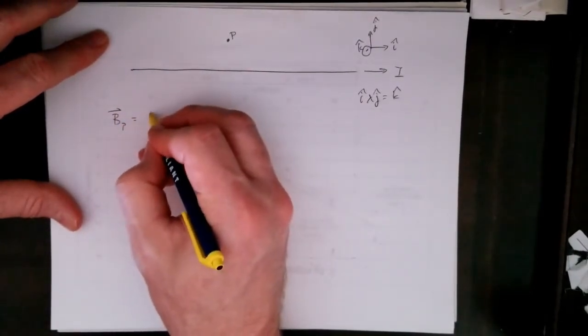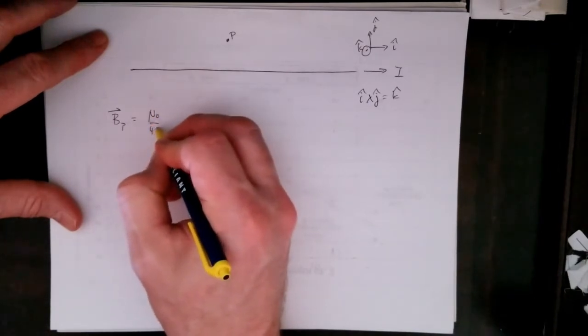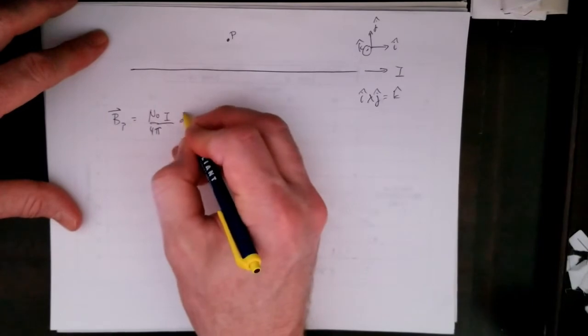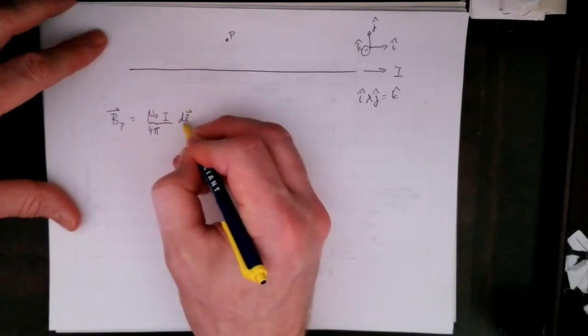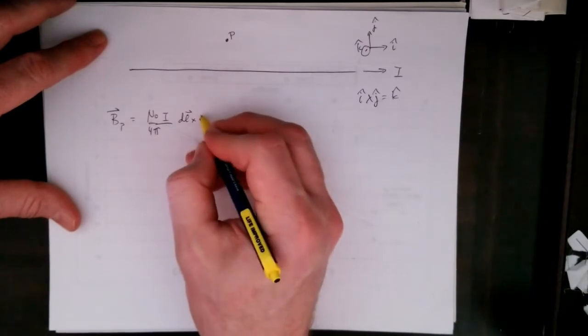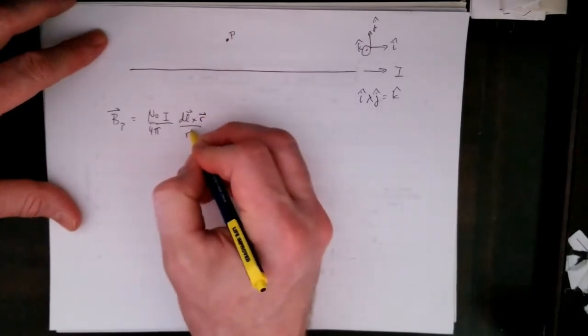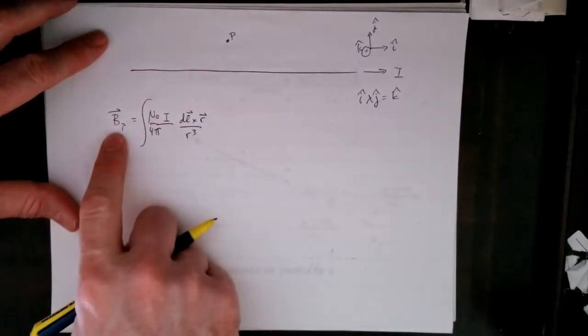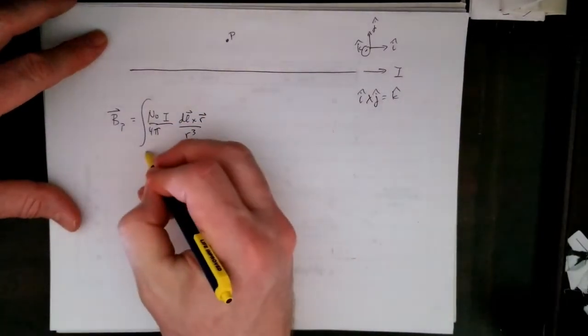Well, that's going to be equal to mu naught over 4 pi. I'm dealing with a current, I, times dl cross, let's go with r vector over r cubed, and then an integral.